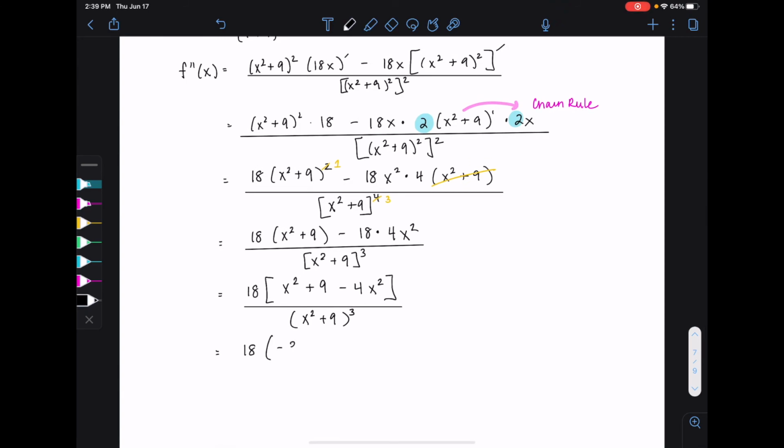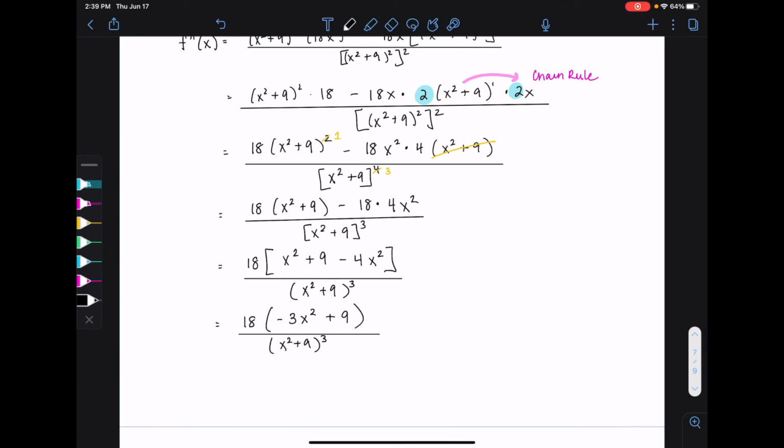This will give us negative 3x squared plus 9 in the numerator. And then one last step, I can take out a negative 3 to make my life a little easier, to give us x squared minus 3.